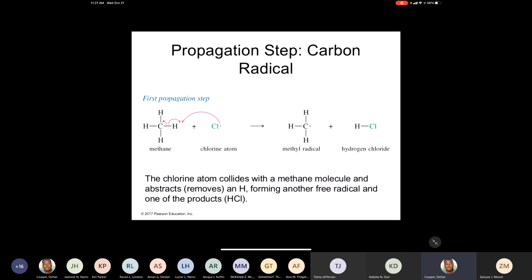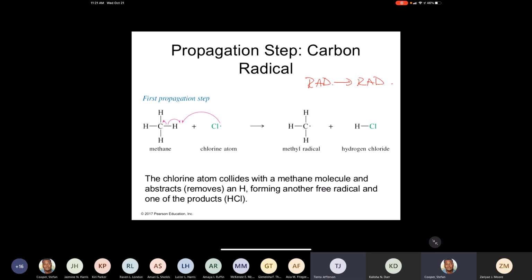I started with a radical and I ended with a radical. So I'll go from red to red. And for you guys in teams, I'll go ahead and write that: a radical that went to a radical. That's how I identify my propagation step.